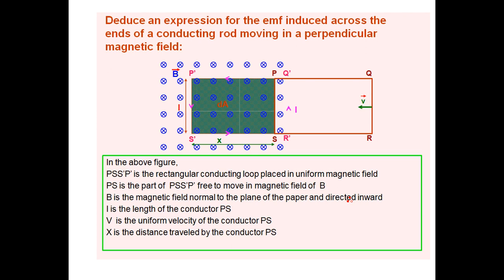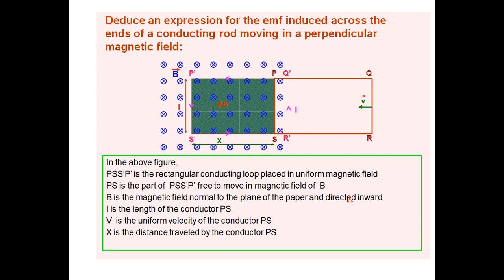Then suppose l is the length of this conductor. You consider this as one conductor, and the length of the conductor is PS.